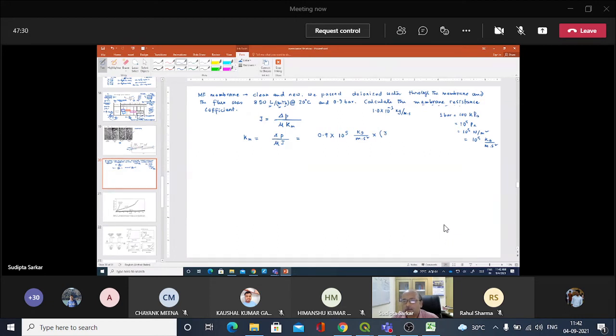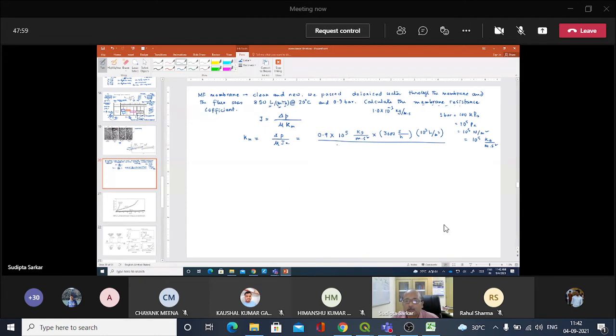We have 3600 seconds per hour, and we have 10 to the 3 liter per meter cube, because J is in a different unit.